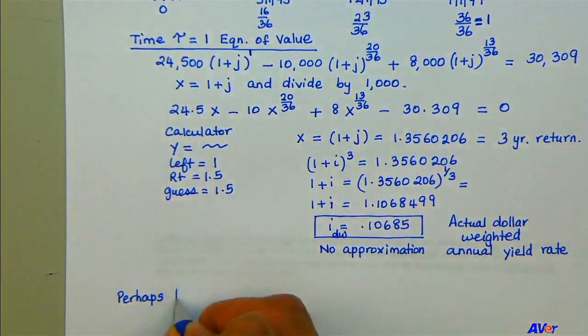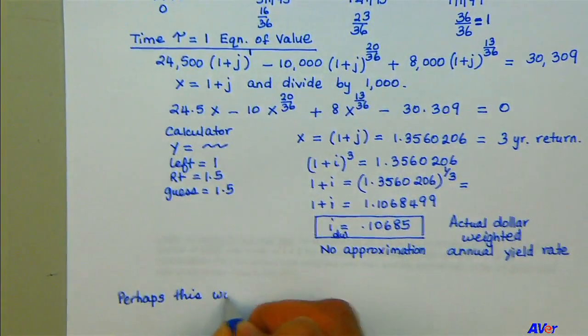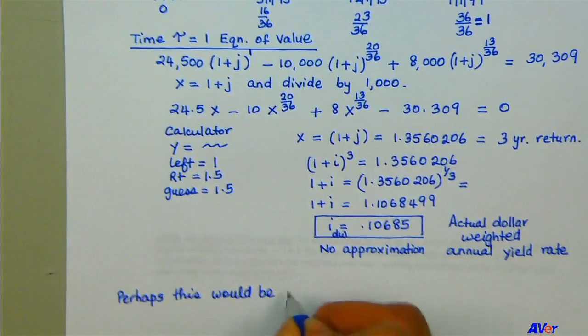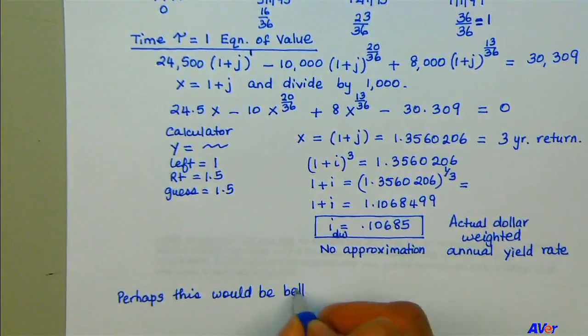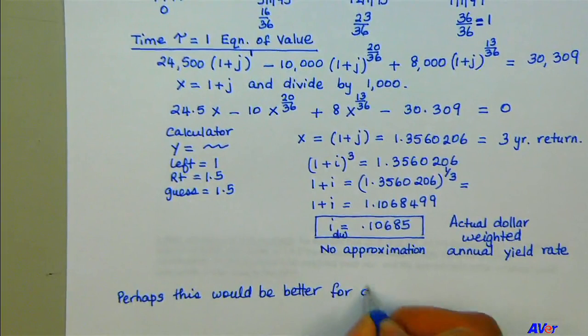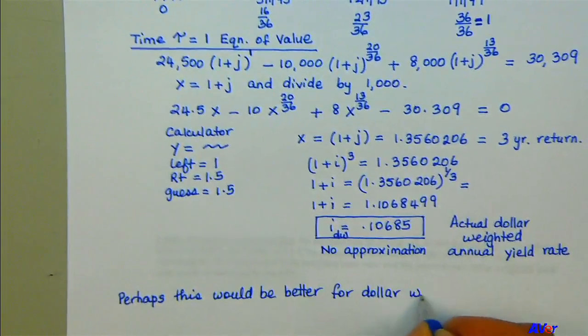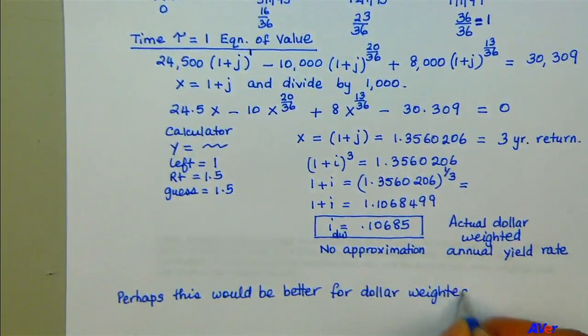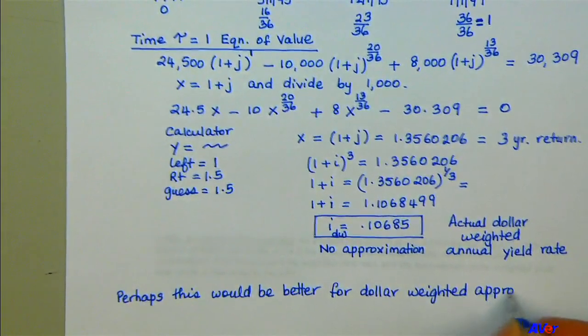Perhaps this would be better for the dollar weighted approximation. Watch what's really happening here.